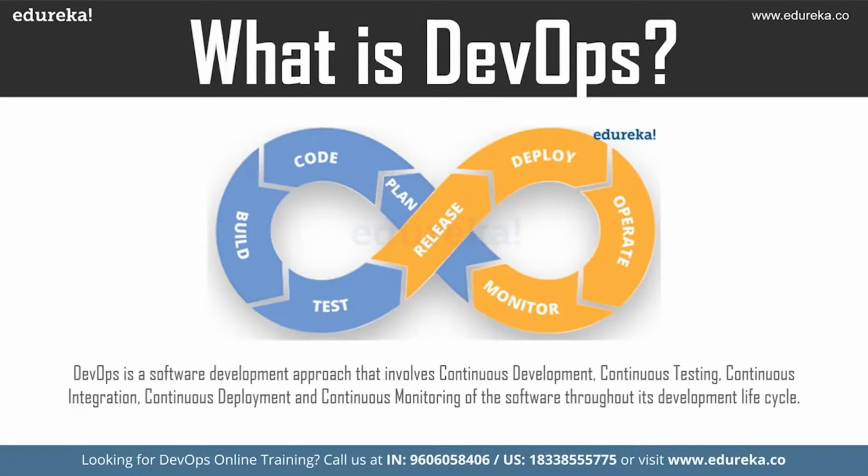And also the lead time between the fixes of issues is significantly reduced in DevOps. DevOps overcomes all the limitations of the traditional waterfall model. The DevOps process involves a lot of development, testing, and deployment technologies for developing automated CI/CD pipelines. So this was a quick definition of DevOps.